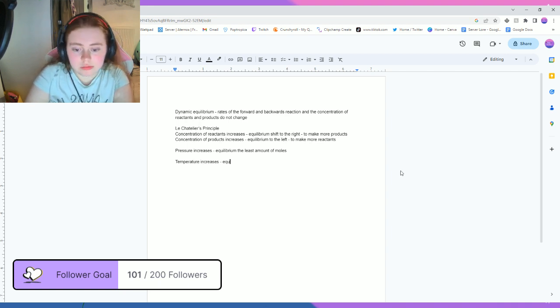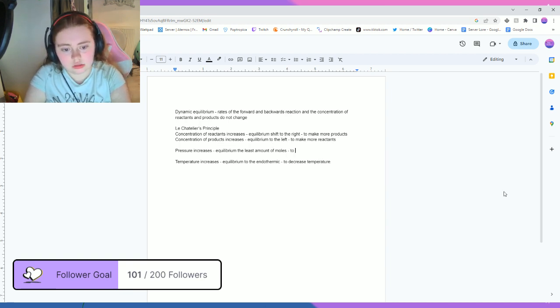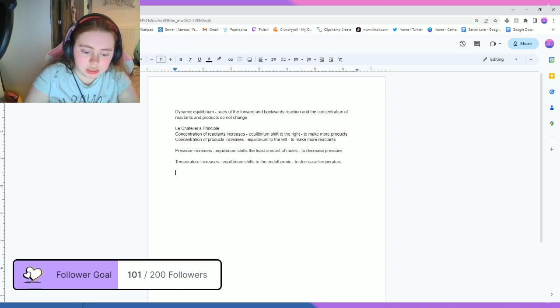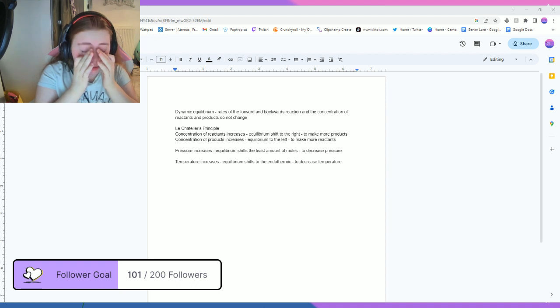So if temperature increases, equilibrium will shift to the endothermic reaction to decrease temperature. And a temperature decrease will have the opposite effect. When temperature decreases, equilibrium will shift to the exothermic side. So for example, all equilibrium reactions are reversible.